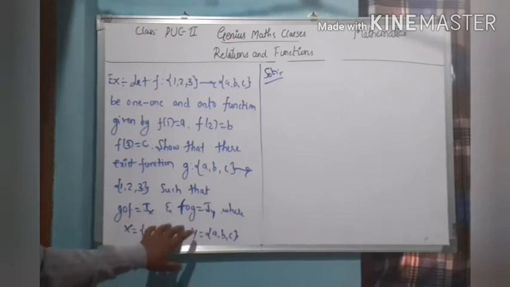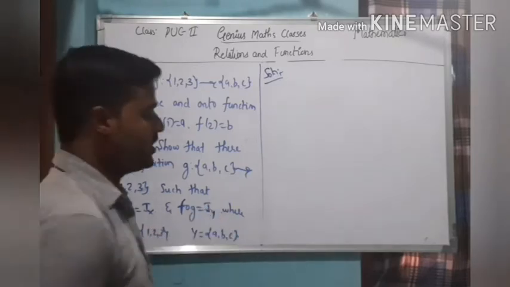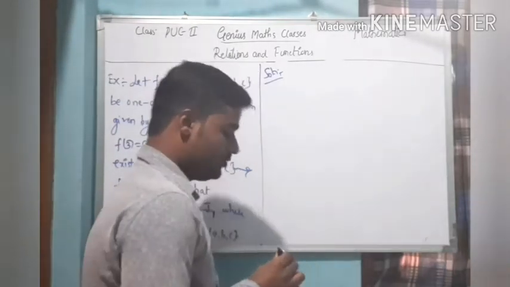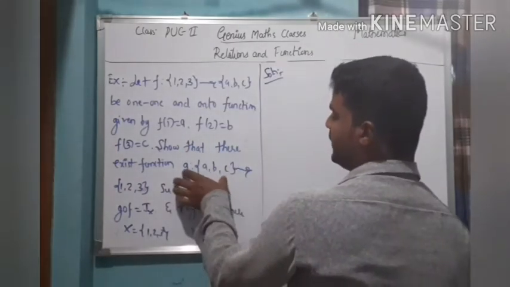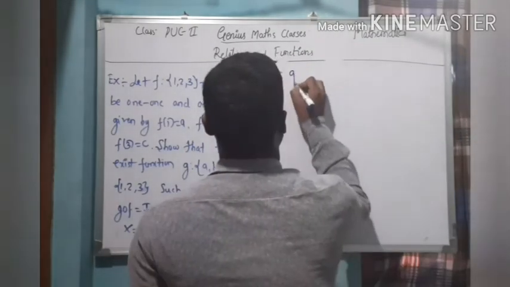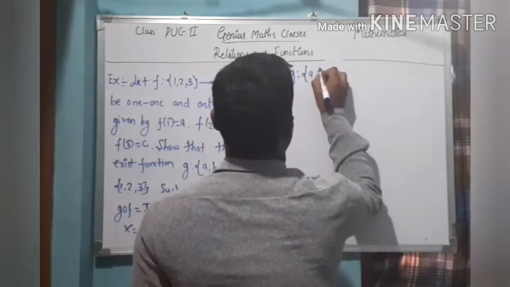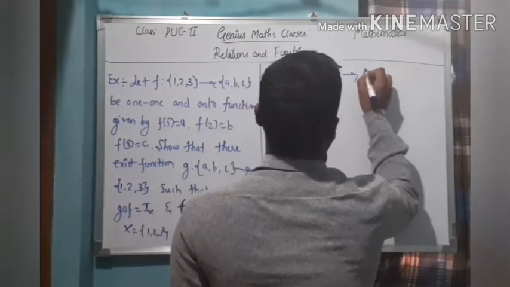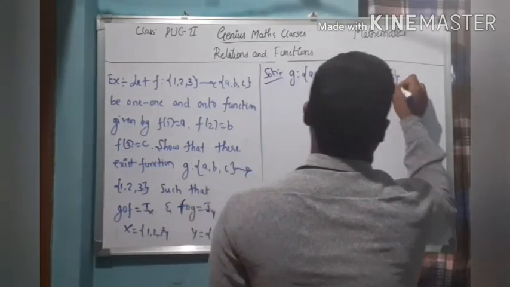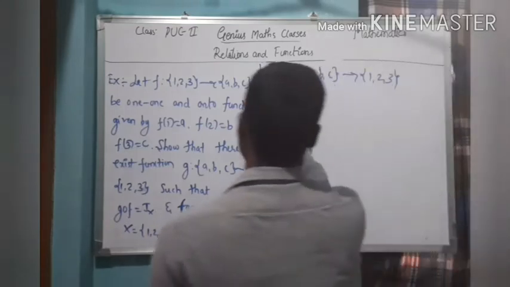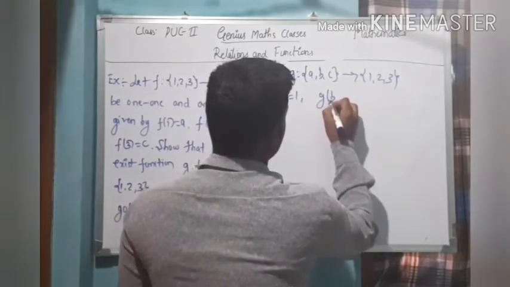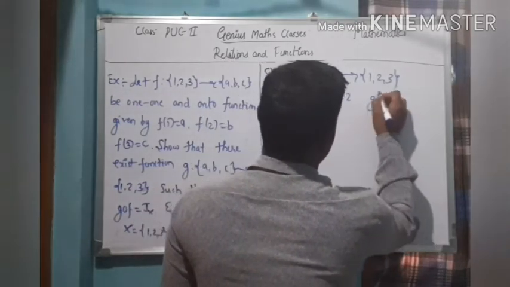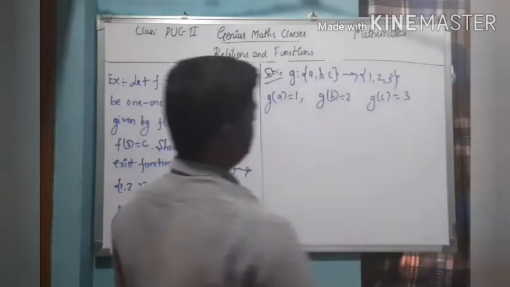With this I can conclude one definition. So let me write this. g from {a, b, c} to {1, 2, 3} is defined by g of a equals 1, g of b equals 2, and g of c equals 3.